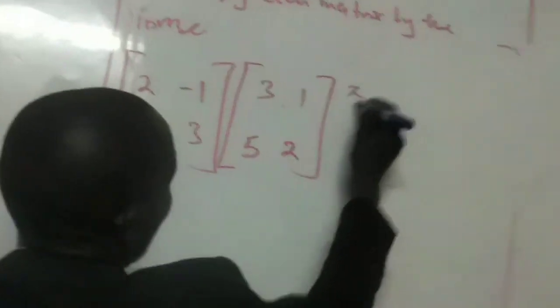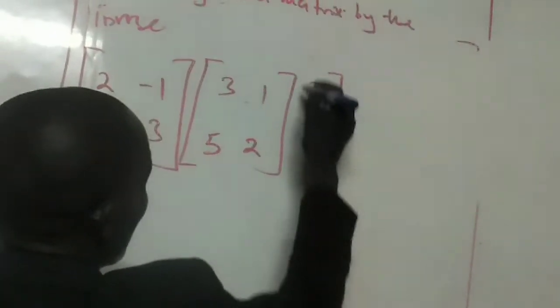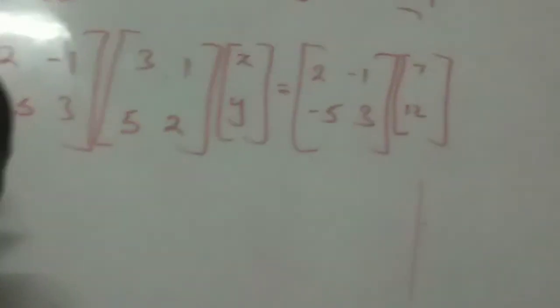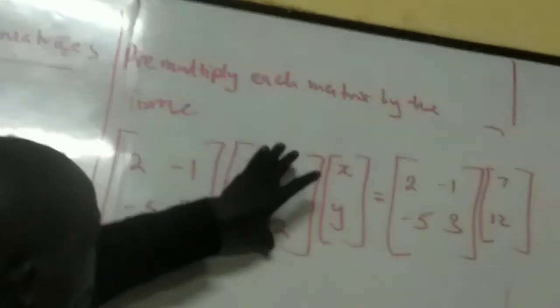We have x, y, the unknown matrix, should be equal to, we pre-multiply both sides. So that is 2, negative 1, negative 5, 3. And our solution matrix was 7, 12.